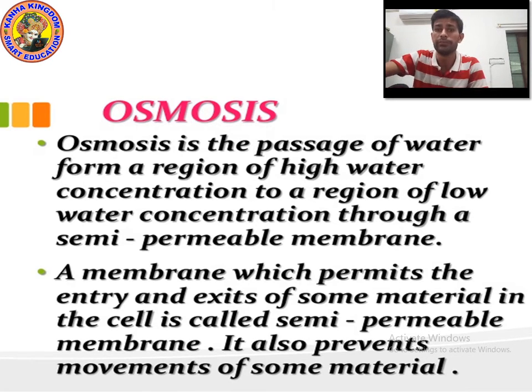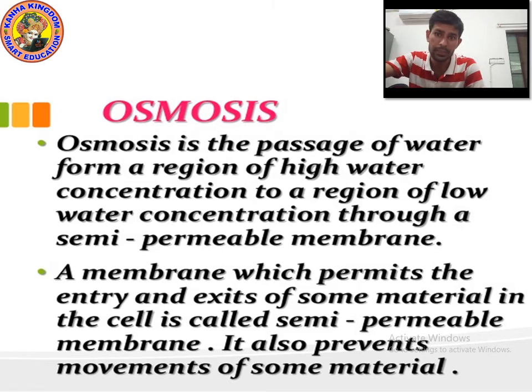Because in diffusion we studied that the movement of a substance from a region of high concentration to a region of low concentration is known as diffusion, and osmosis is the passage of water from a region of high water concentration to a region of low water concentration.